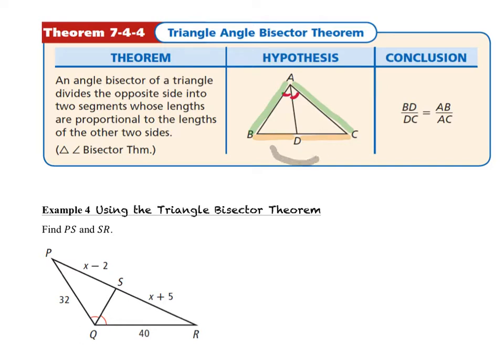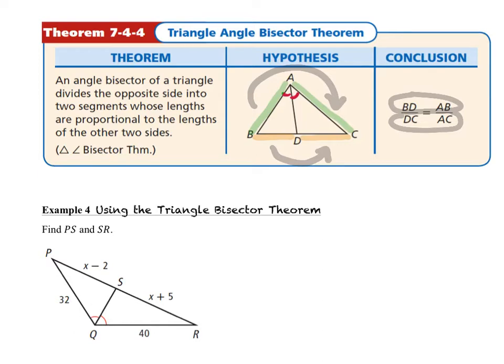BD is to DC as AB is to AC. So again, we have to have partners, and BD and AB are on the same side of the angle bisector. DC and AC are on the same side of the angle bisector.